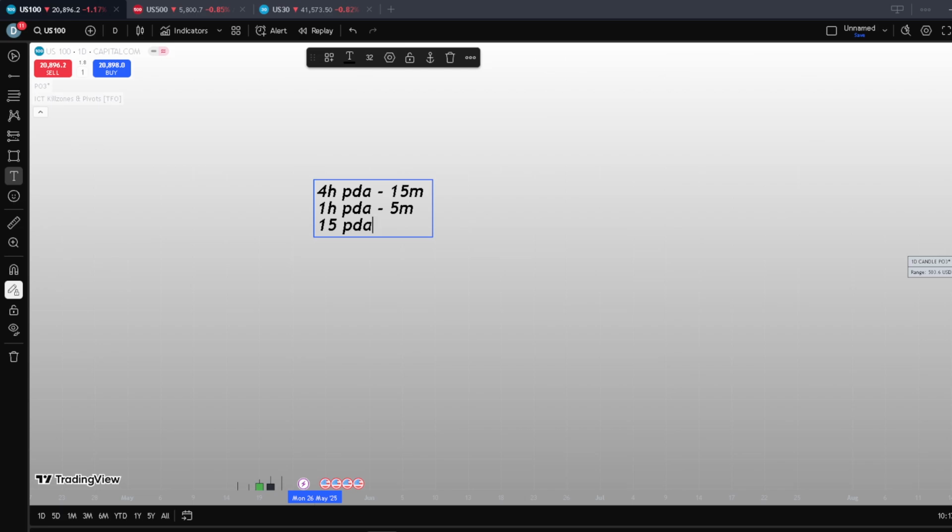If you try to use a 15-minute PDA, you should make 1 minute execution, and if you try to find a 5-minute PDA, you should make 15-second execution. For me, the 15-minute PDA and 1 minute combination is the best one, the best combination that I could use shortly.